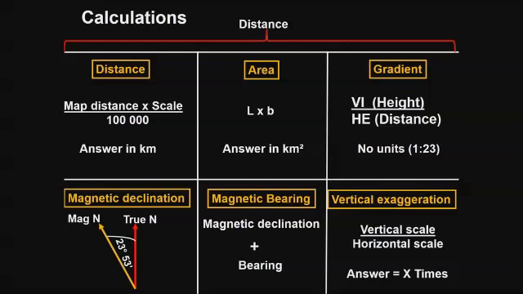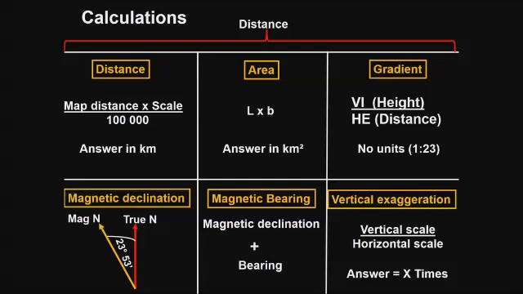Magnetic declination. Magnetic bearing. That is magnetic declination plus bearing. And of course, your vertical exaggeration, which is the vertical scale divided by the horizontal scale. Your answer here will be so many times, x times, the one scale larger than the other one.